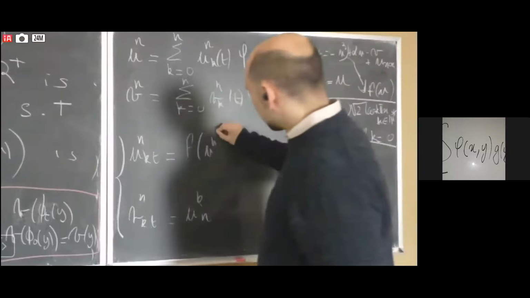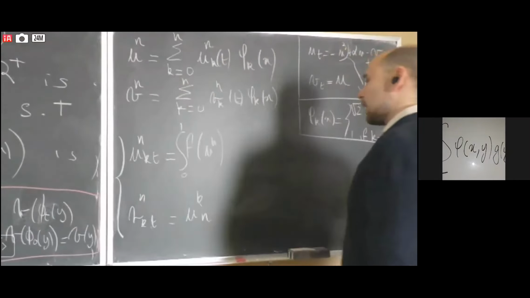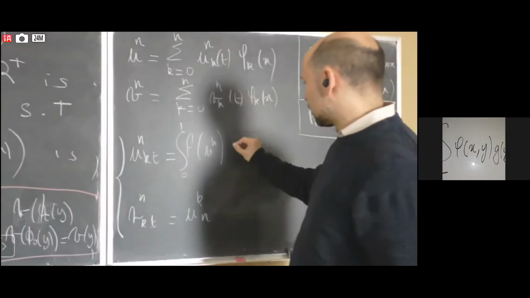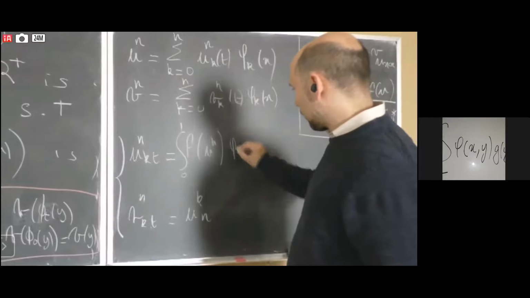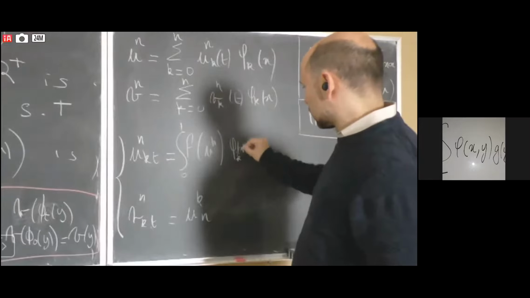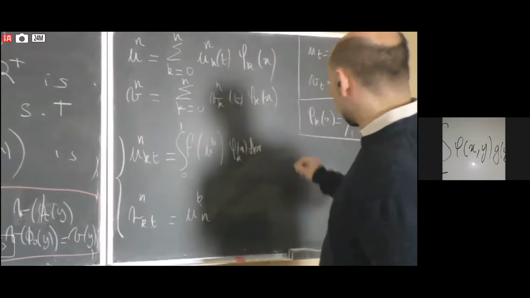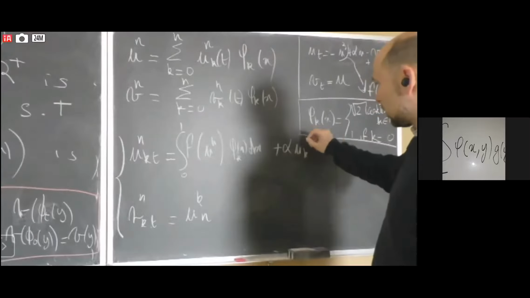So as I say, I need to take the integral and multiply here by phi of k. So let's do it complete, and the rest was correct. So plus alpha k.